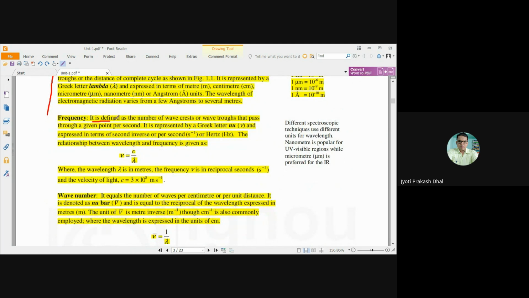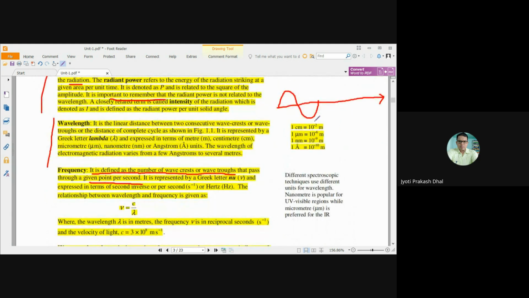Frequency is defined as the number of wave crests or wave troughs, or the number of complete waves, passing through a given point per second. Suppose this is the direction of propagation of the wave, and here we put a marker at one marking position.